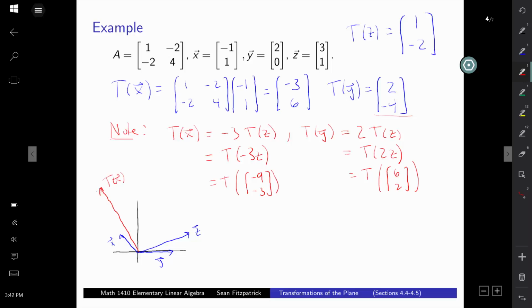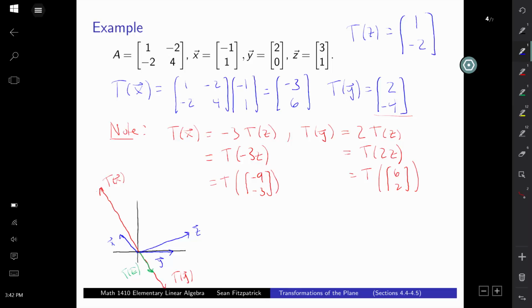T of y is (2, -4), kind of down here. T of z is half as long as T of y, sitting there, right? So the output, in this case, is always a multiple of this vector (1, -2).